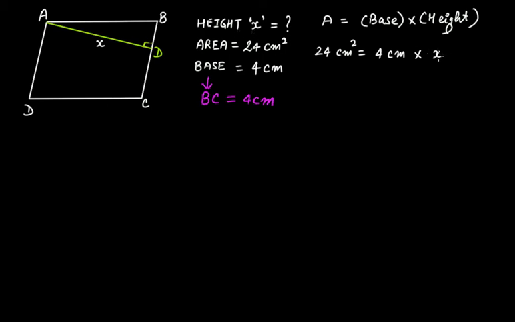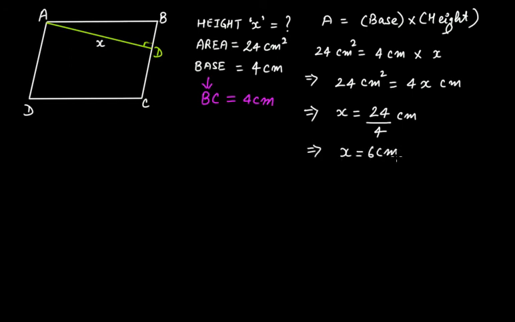You have to find the value of x. So this becomes 24 centimeters square equals 4x centimeter, right? So if you solve this, you get x is equal to 24 over 4 centimeter, and you get x is equal to 6 centimeter, right? Therefore, the size of the height is actually 6 centimeter.